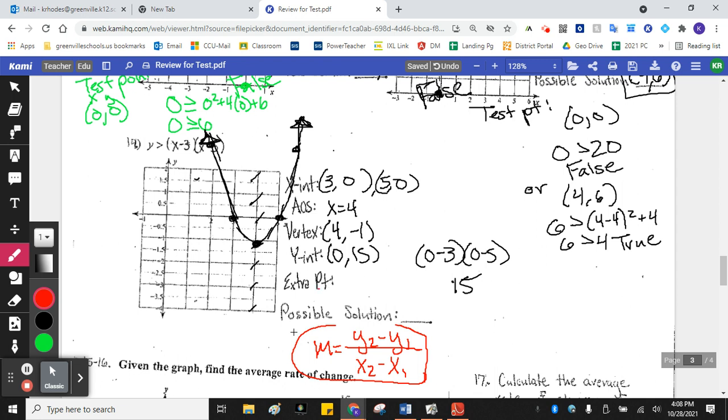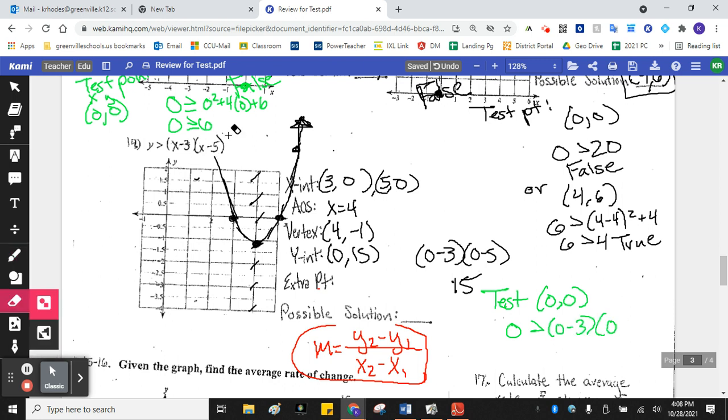So now we do possible solutions. I test 0, 0 always. It's just the easiest. So 0 is greater than 0 minus 3 times 0 minus 5.